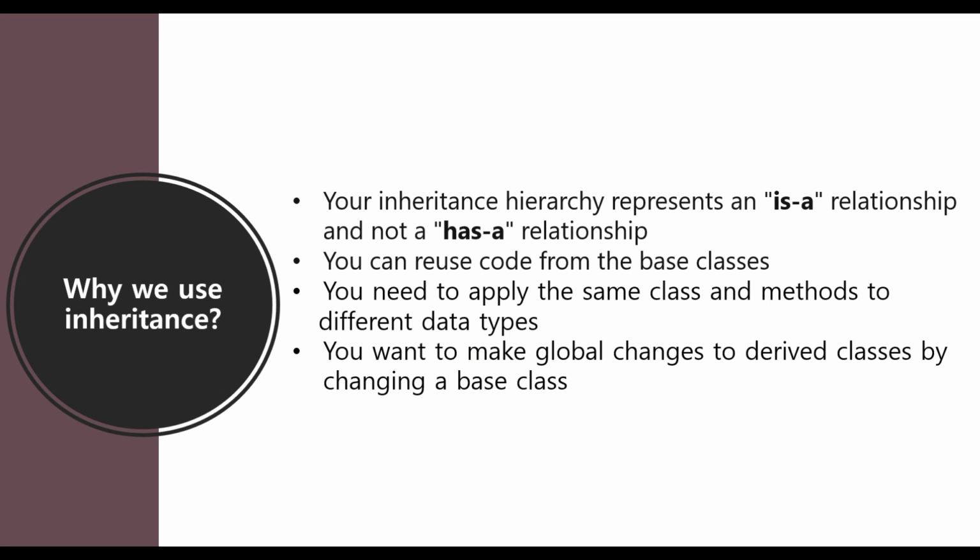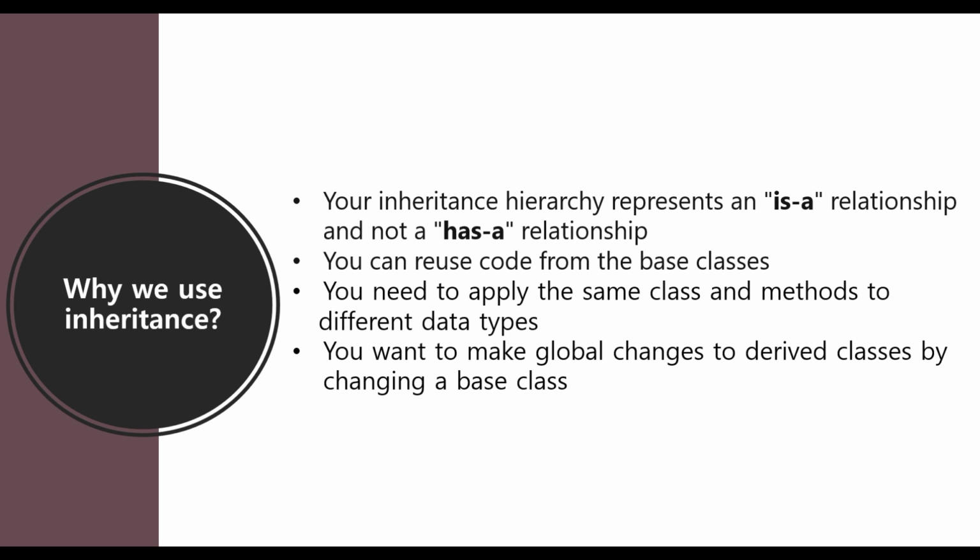A next good question is, why would we use inheritance? Well, you could use inheritance when you have a certain type of hierarchy in C#, and you can implement or represent this hierarchy as an is-a relationship and not a has-a relationship.